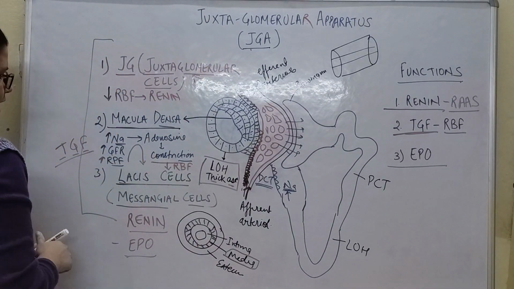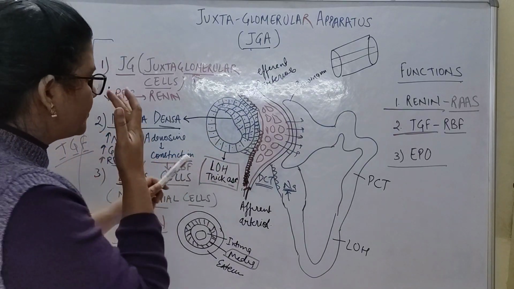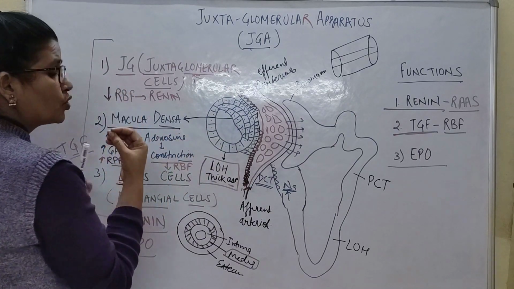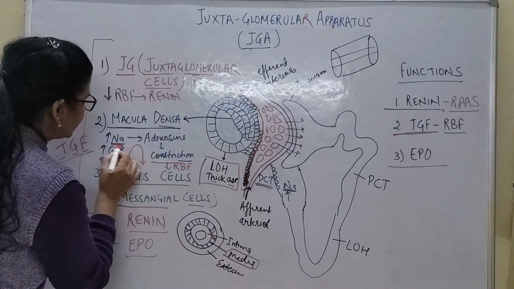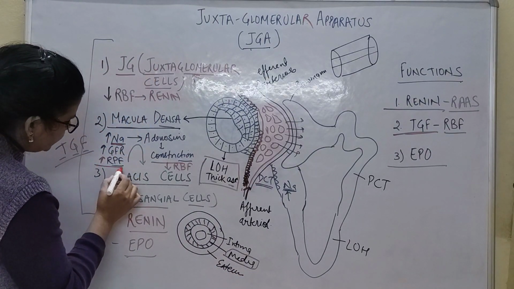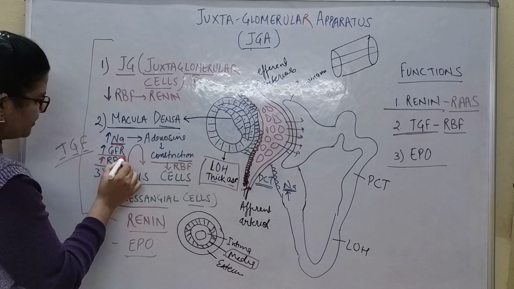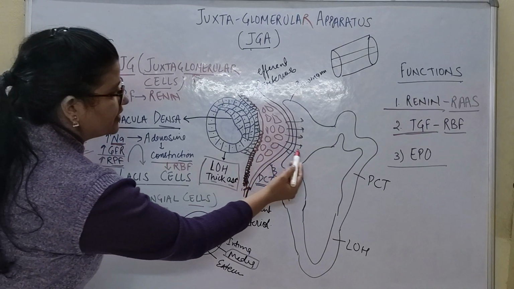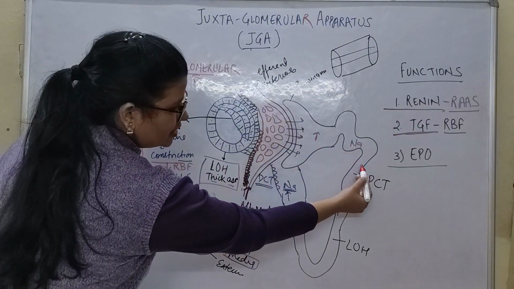What it does is it has some sensitive channels, like sodium sensitive channels, which sense sodium. Whenever there is an increase in renal blood flow, there is an increase in GFR. When GFR increases, there is an increase in sodium concentration in the renal tubule.